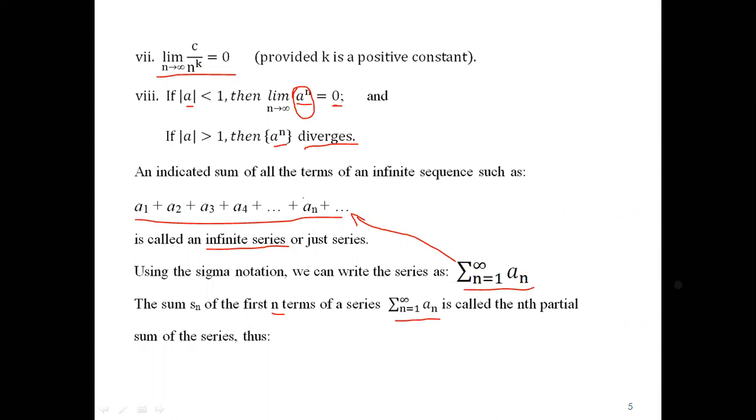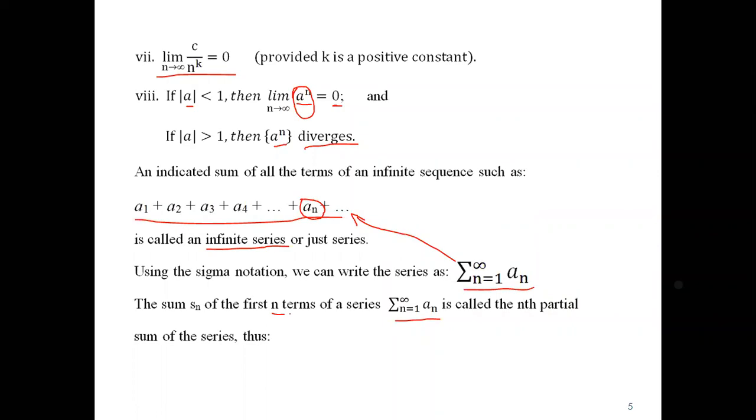Like in this case, you go up to the nth term. So if you find the sum of the first n terms of this sequence, then you are getting what you call the nth partial sum of the series, and that is illustrated on the next slide.